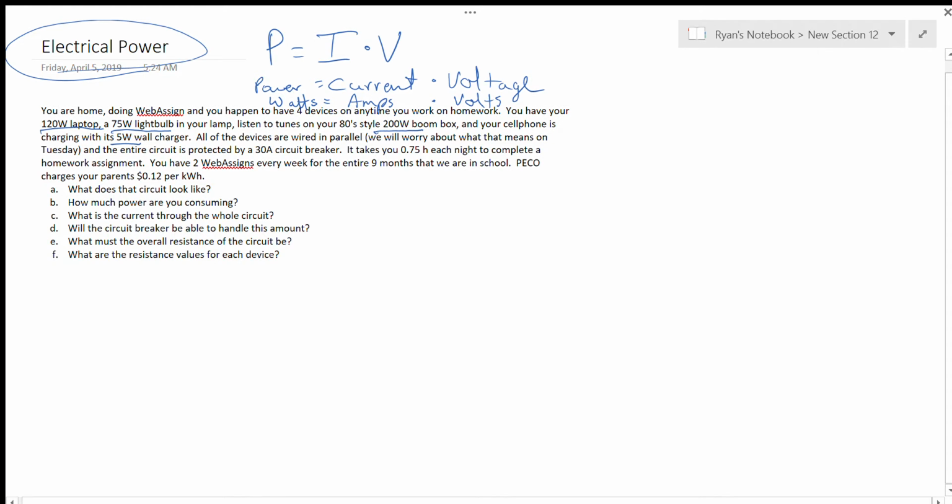Okay, all of these devices are wired in parallel. Don't worry about that so much now. We're going to talk a lot more about that later. We want to kind of get the basics of the main two formulas, which is V equals IR, Ohm's law, and then their power relationship with current and voltage. And beautifully, we can actually plug in one of these formulas into the other.